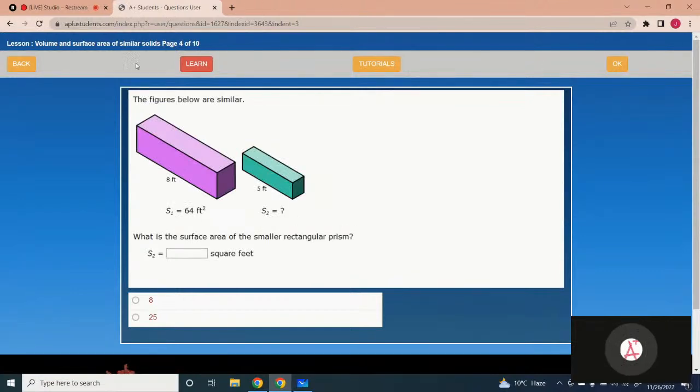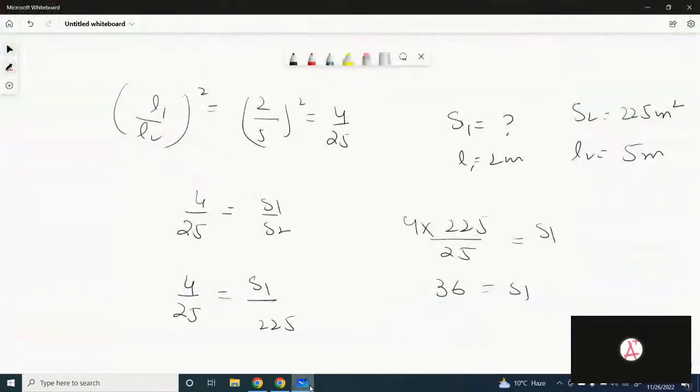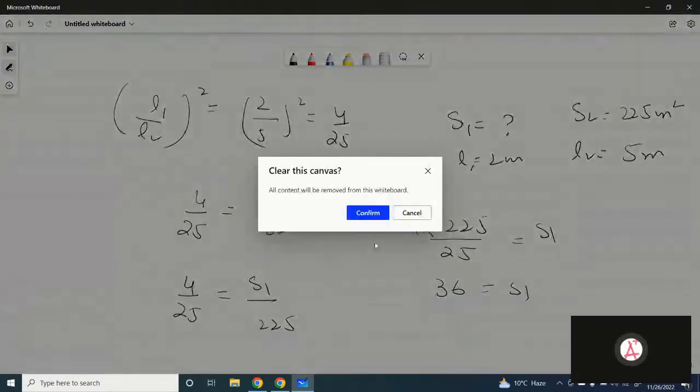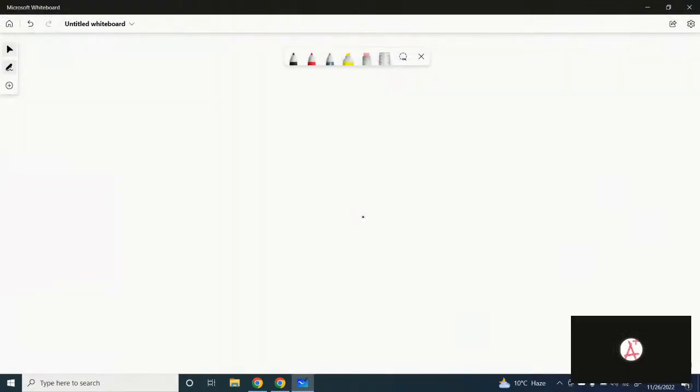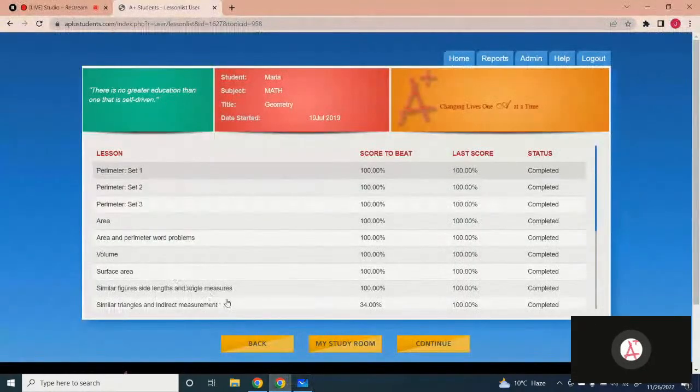Okay, you can complete the test by yourself later today. Let me just move on to the next topic. The next topic is similar solids. Let's just start with the next lesson, that is similar solids. Okay, I'm on the lesson similar solids.